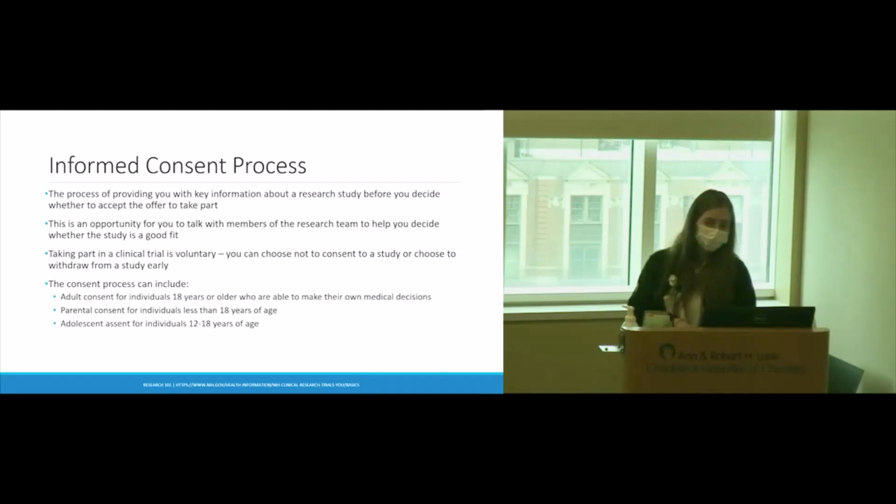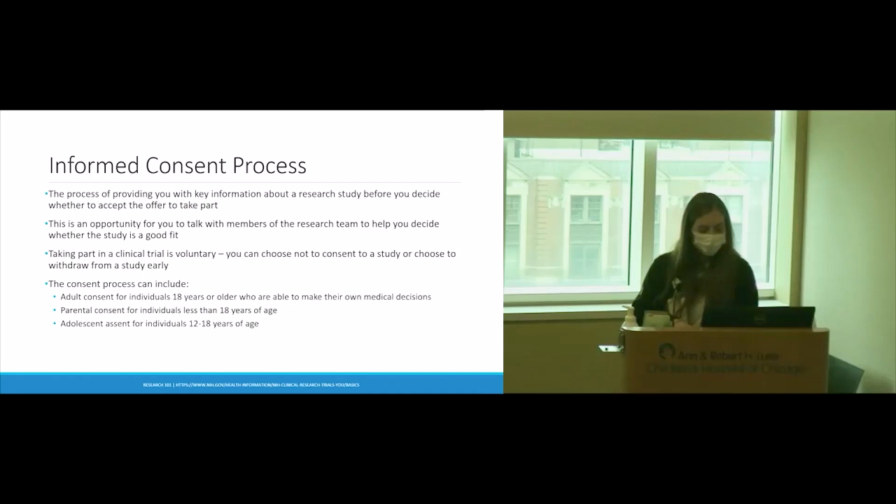If there is an individual who has a legal guardian that's helping make medical decisions for them, then we would also have this conversation with that legal guardian. On consent forms, we often call that the legally authorized representative. There's also parental consent. So for individuals that are under the age of 18, one or two parents would need to complete the parental consent form.